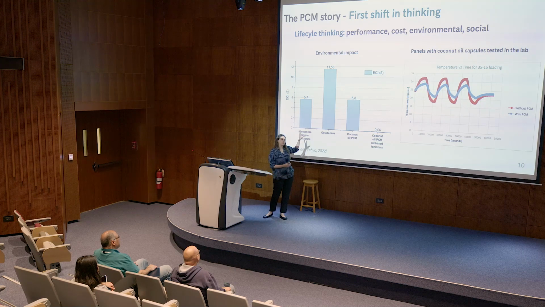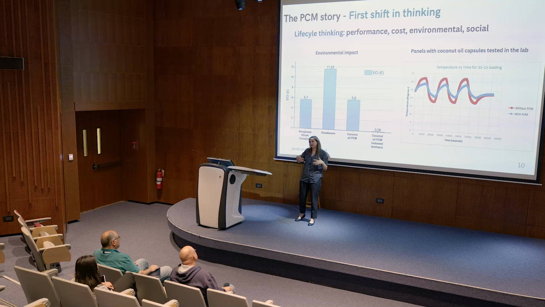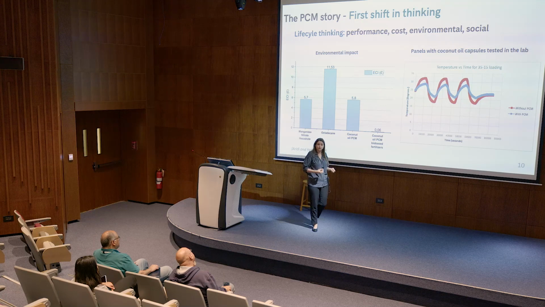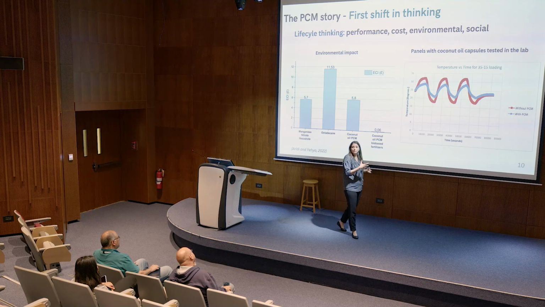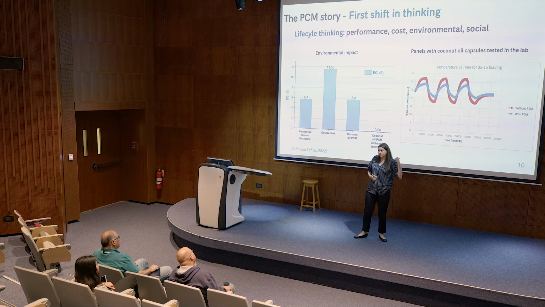From the study of the environmental impact of octadecane, for example, a hydrocarbon, or a salt hydrate, as you can see from the blue bar diagrams, the environmental impact of hydrocarbons is very high. So we said, okay, and hydrocarbons are also not safe for human beings, let's use a bio-based material, like, for example, coconut oil.